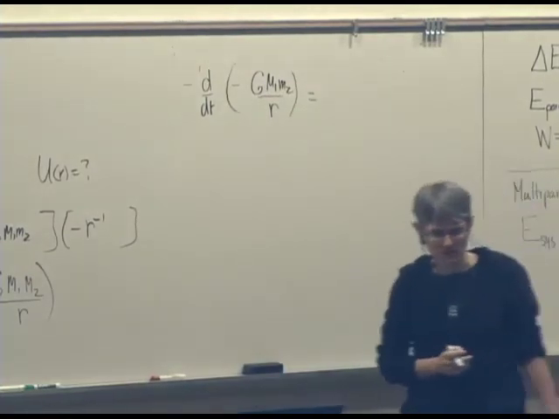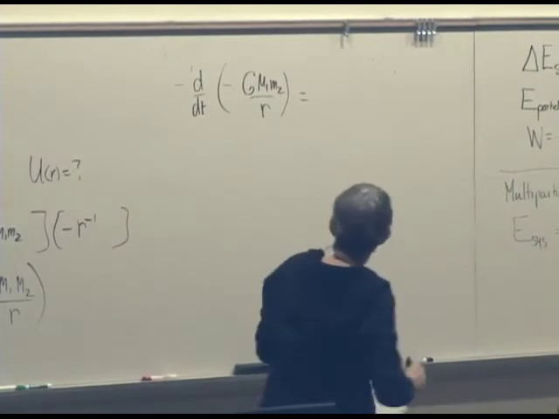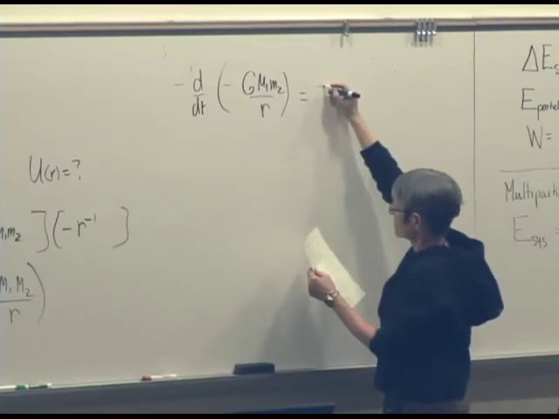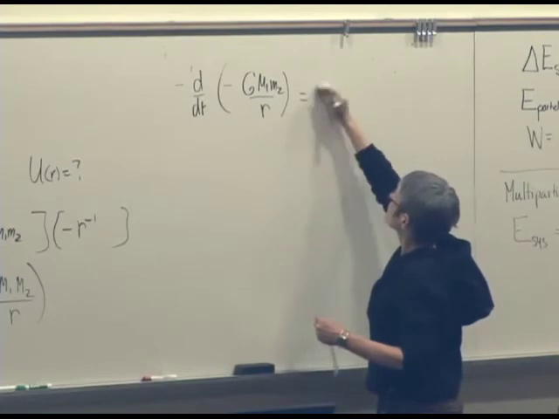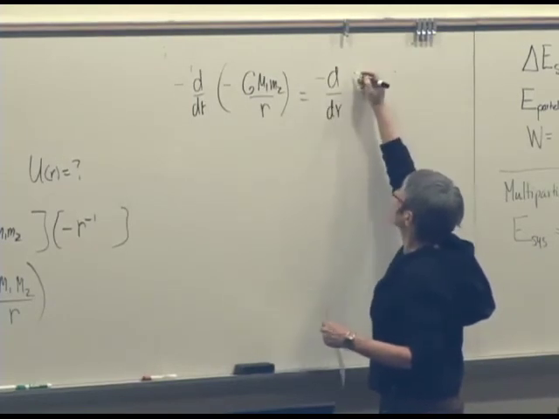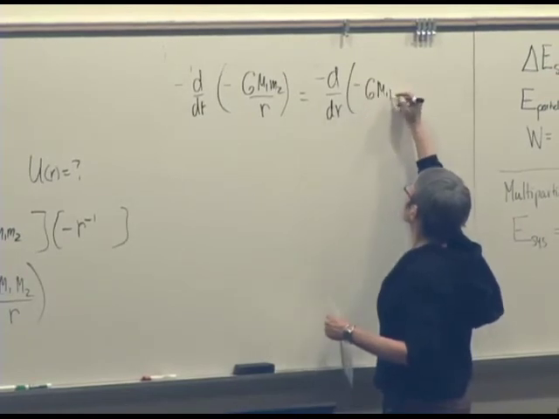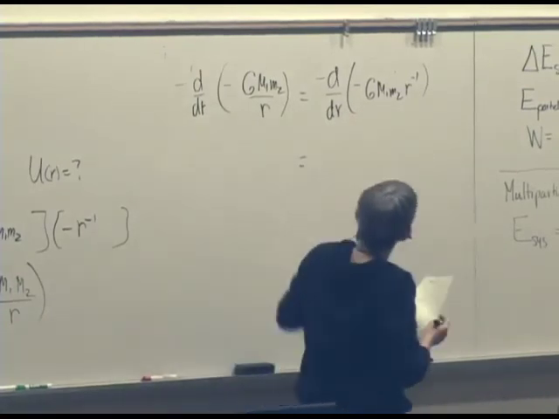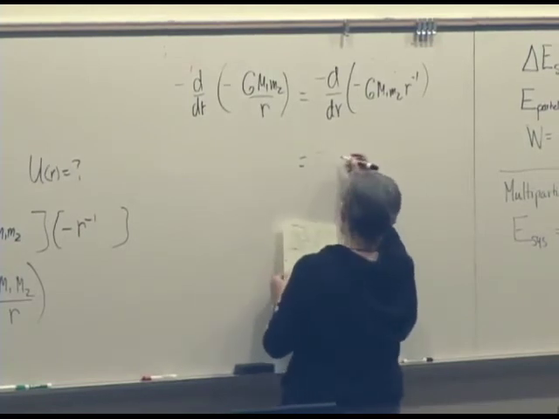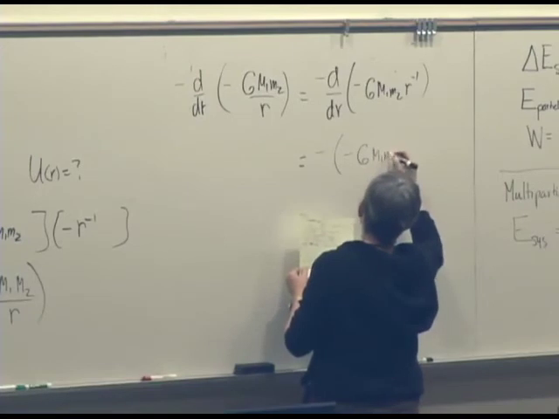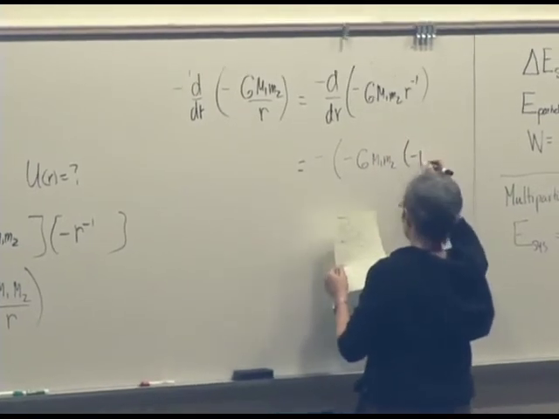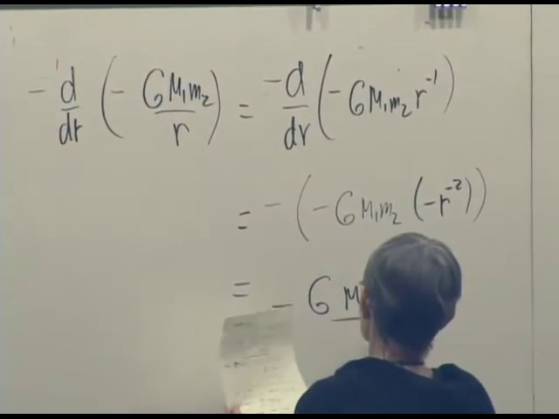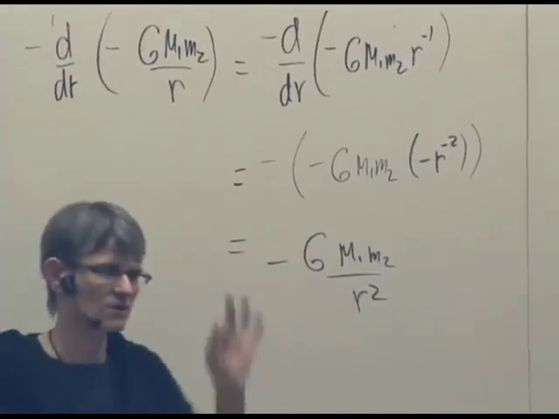gives us, we're going to get a minus. What we've really got, we'll rewrite this as minus G M1 M2 r to the minus 1, and so we're going to have a minus 1 here, so we've got minus G M1 M2 times minus r to the minus 2, and that looks like a minus G M1 M2 over r squared when we get all done, because we've got three minus signs, so it's good.